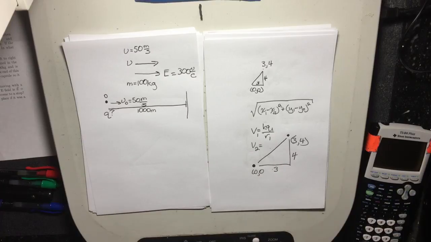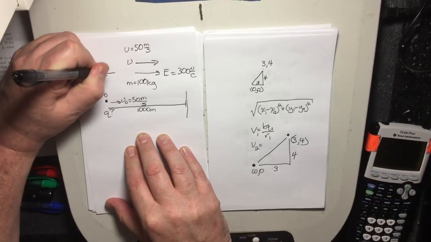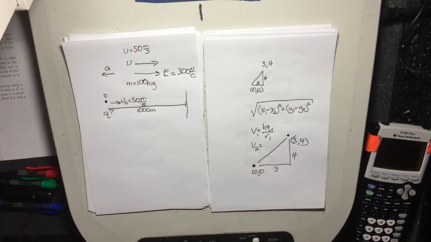Now really what we're going to deal with is the magnitude of the Q. If the E field is to the right and the velocity is to the right, to save the capsule of puppies, the acceleration must be to the left in order for this thing to slow down. If the E field is to the right and you need this electric force to be to the left because the acceleration is to the left, should the puppy capsule be positive or negative?